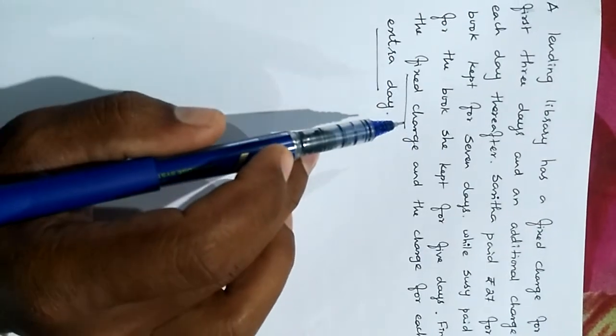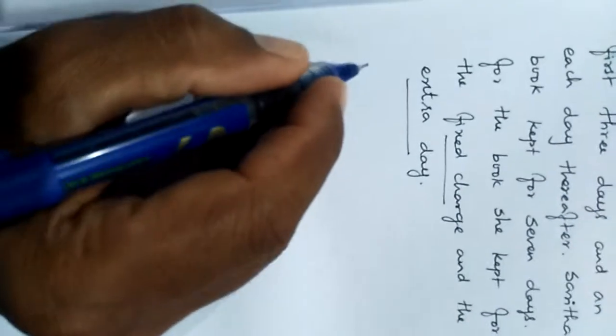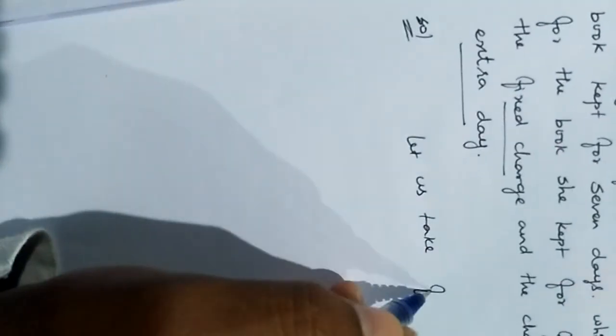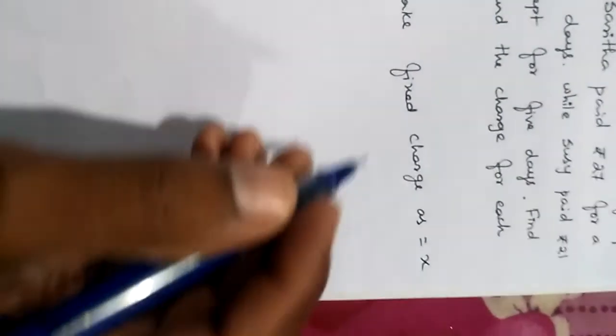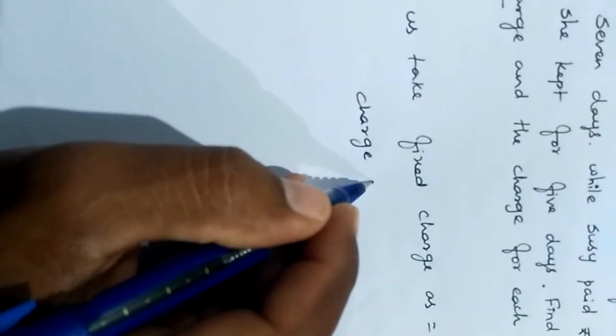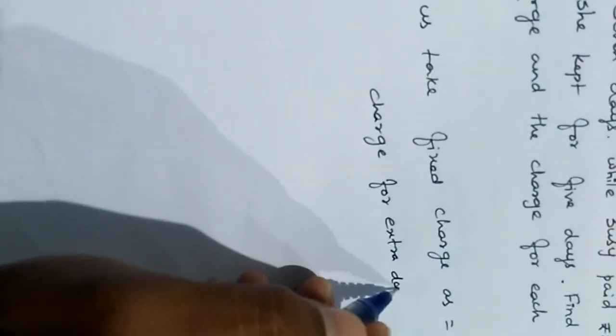So we have to find two things, the fixed charge and the charge per extra day. So let's take the fixed charge as x variable and the charge for extra day equal to y variable.